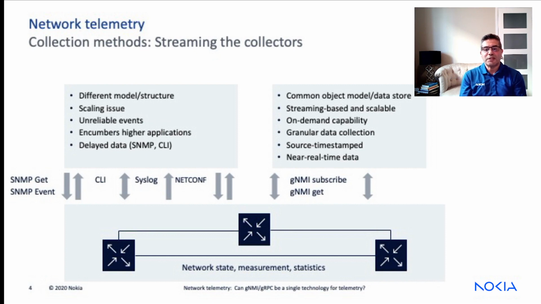Also, the performance and the scaling of the collection can be a big advantage when using gNMI over other protocols, for example. So in summary, I think gNMI as a single interface can replace existing technology for network telemetry by providing better and more reliable data delivery and an easier way to store and consume the information.